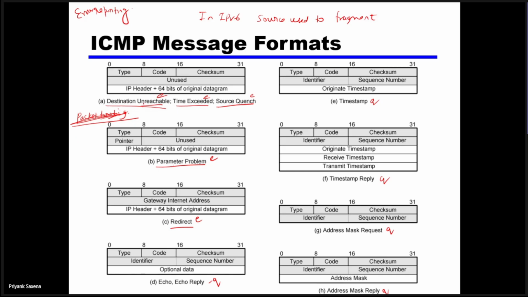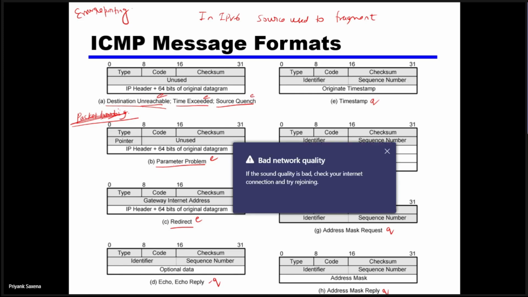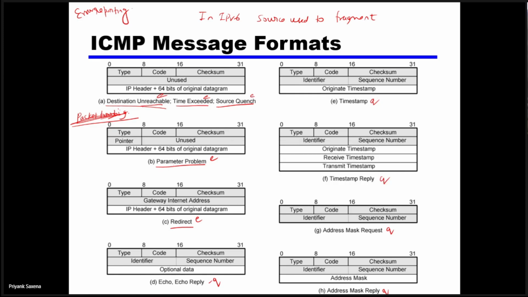The router sends this message to the host indicating that it is unable to forward the datagram further, either because the router doesn't find that address in its routing table, or the destination station may not exist or may not be available on the network, or the path is broken between the router and the destination host, the link is unavailable.